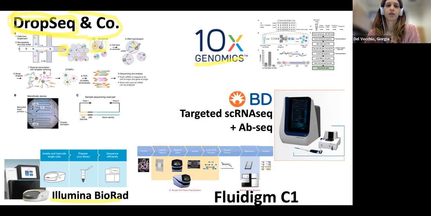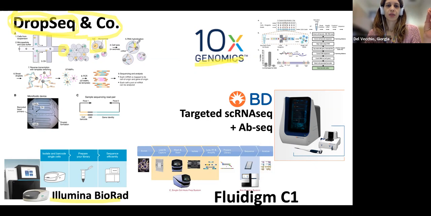So we have one barcode for one cell. 10x Genomics is a similar approach, and we are just capturing the 3' end, so we are not looking at the whole transcript.